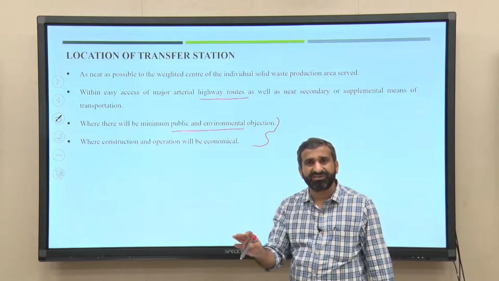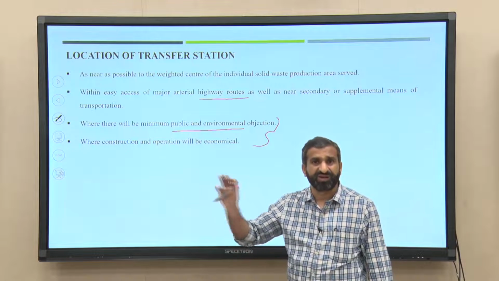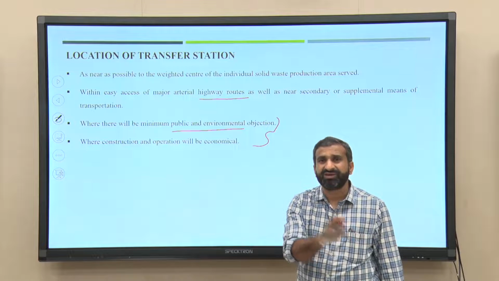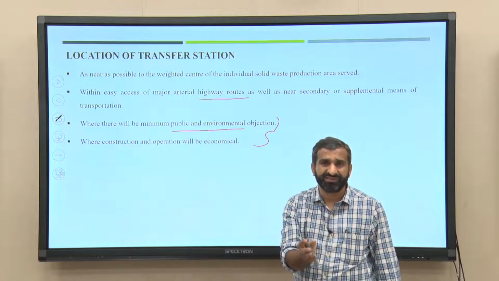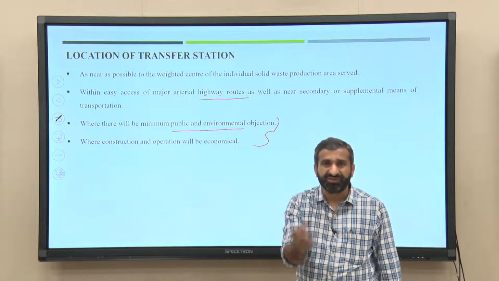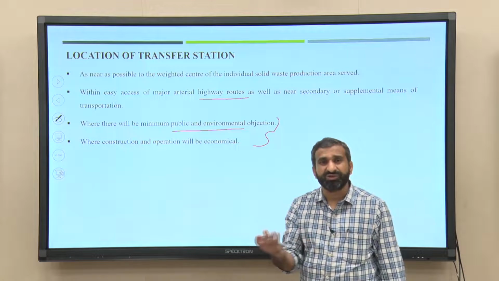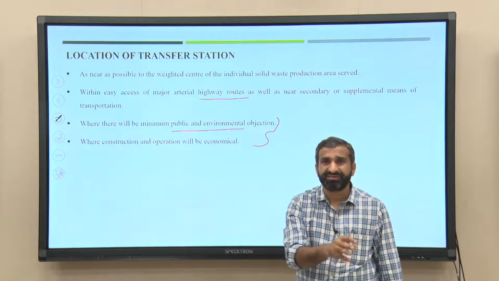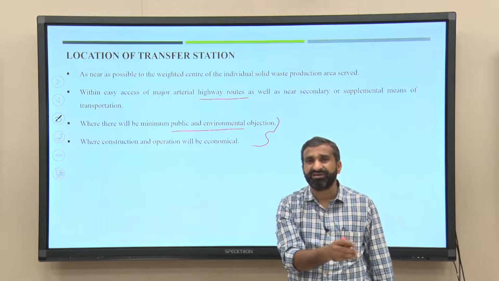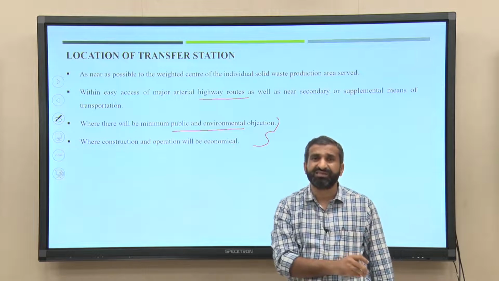Especially for small cities, like at the district level or class 2 towns, I think they are not directly connected with the highways, or if highways are there, the traffic issues are huge. In that case, having a special kind of vehicle is very important.